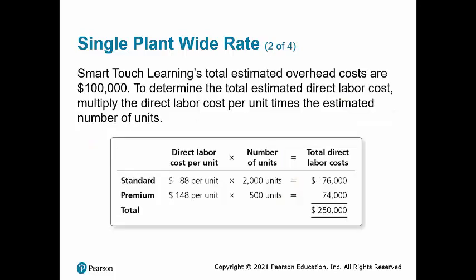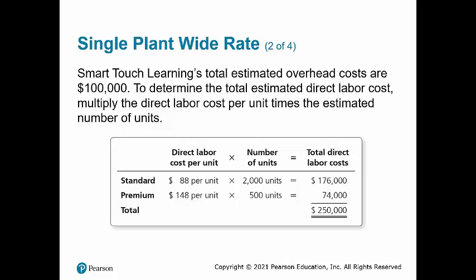So to use that single plant-wide rate, we now need to be able to estimate the allocation base. So if we're going to use direct labor costs, we would need to estimate for the standard and the premium models what we expect to spend in direct labor cost over the next period.